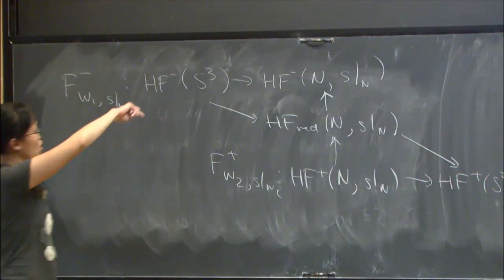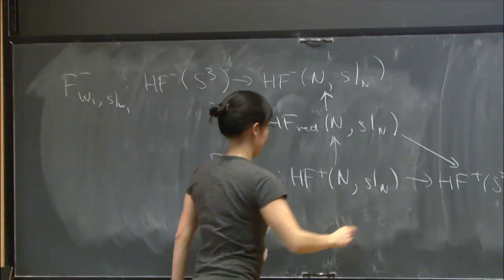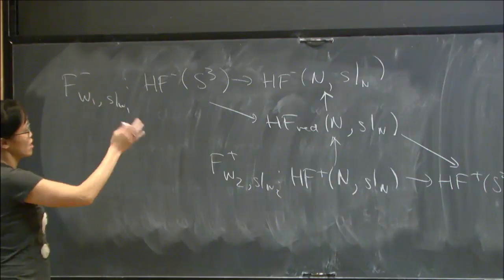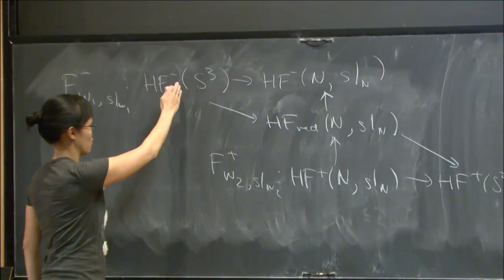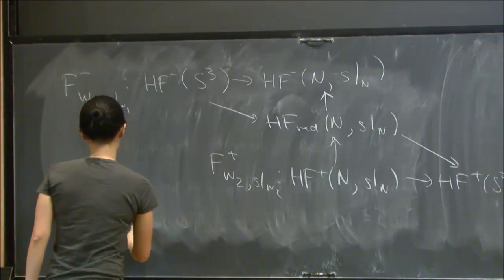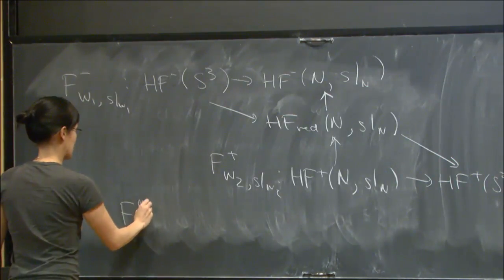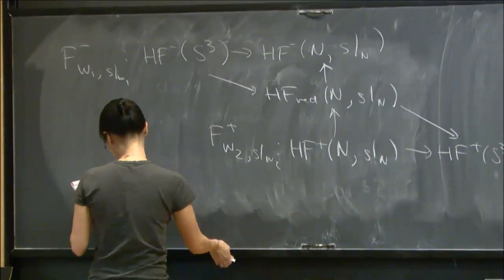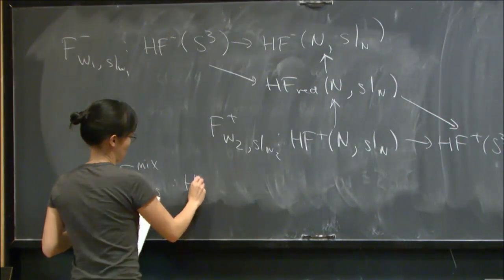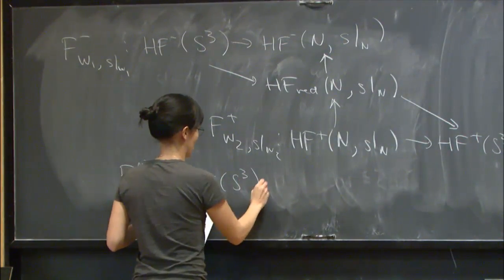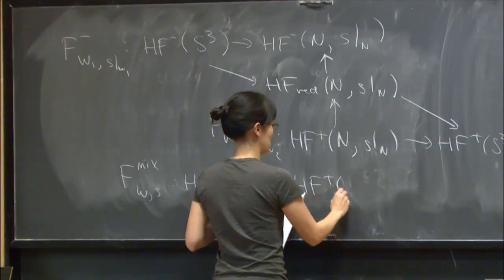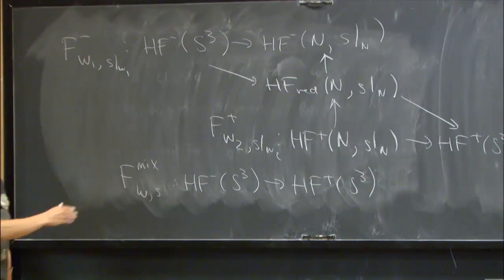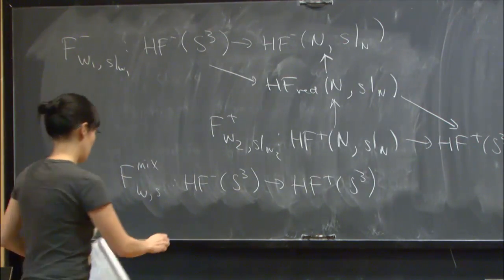So if we compose along this way, we get this sort of mixed map. It's called the mixed map because we're mixing minus and plus flavors. So F mix is this map from HF minus of S3 to HF plus of S3. And the closed four-manifold invariant is defined in terms of the vanishing or non-vanishing of this map.